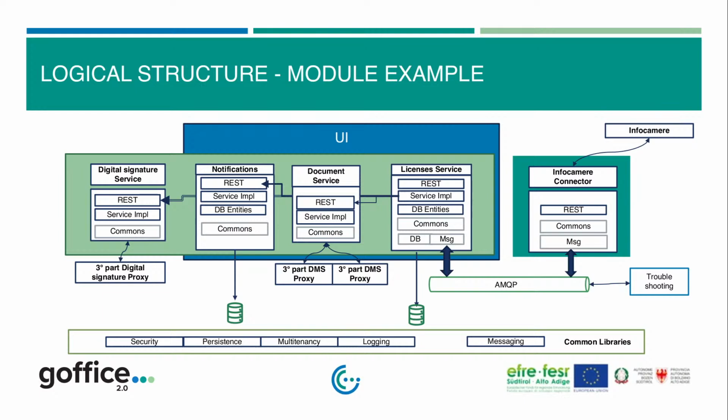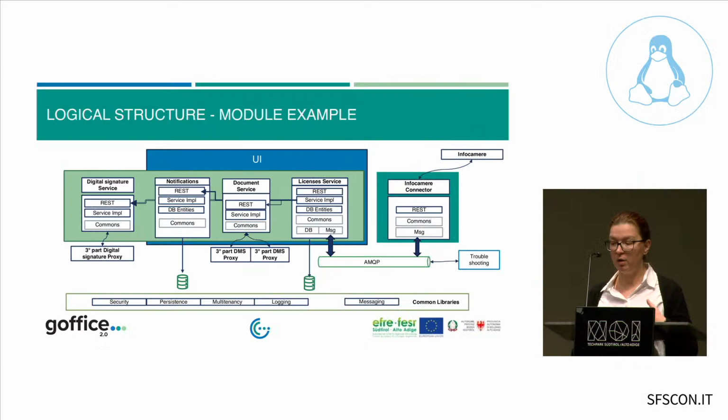And this is the business logic, and the licenses service uses other services through OpenAPI. For example, here it is represented also our DMS service, which is an interface that then has a lot of implementations for each platform used behind.